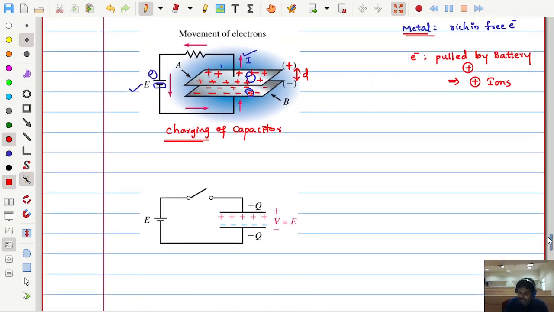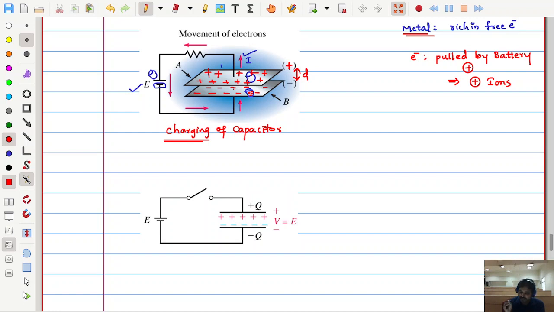Now this process happened. Suddenly I would like to switch off. Let us say the switch is connected, and I would like to disconnect the battery suddenly, after this process of charging. What happens? Just think about it. The battery has given some energy to the capacitor. Suddenly we are separating the battery and the capacitor.